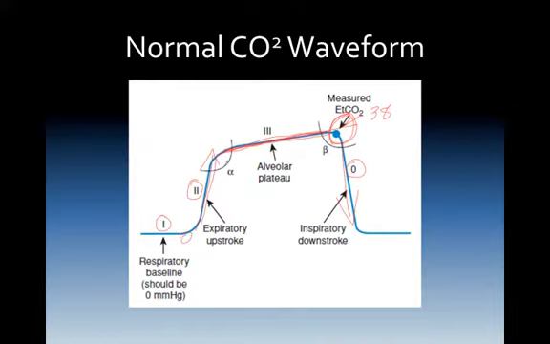Inspiratory upstroke, our alveolar plateau. This is the capnometry, or the end-tidal CO2, generally measured in millimeters of mercury. And this is our inspiratory downstroke. Now, we have to understand this to take a look at what might be aberrant or what might be diagnostic if we see it.